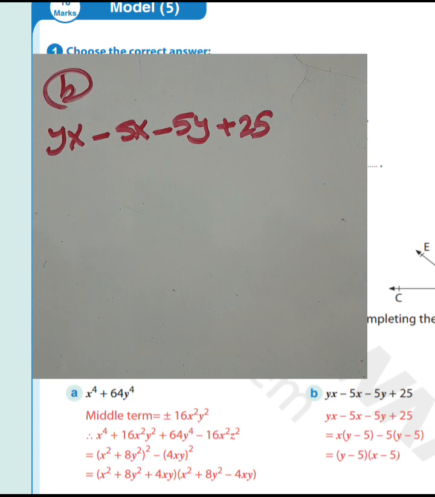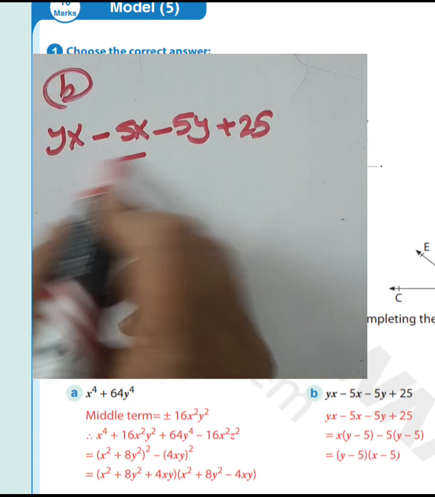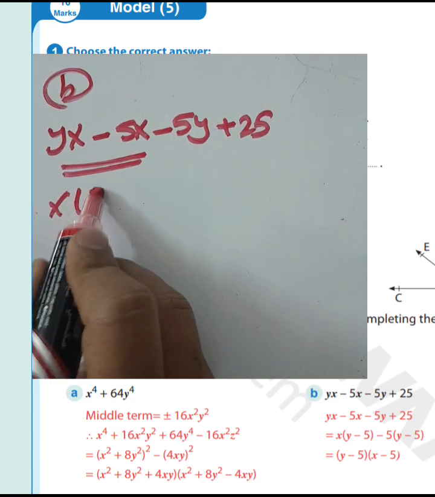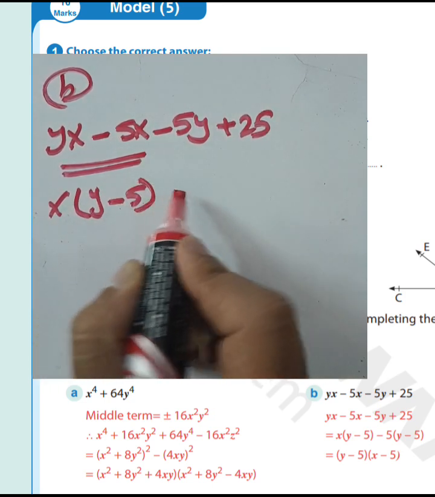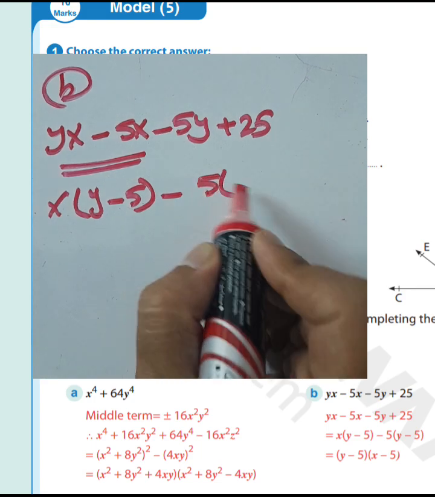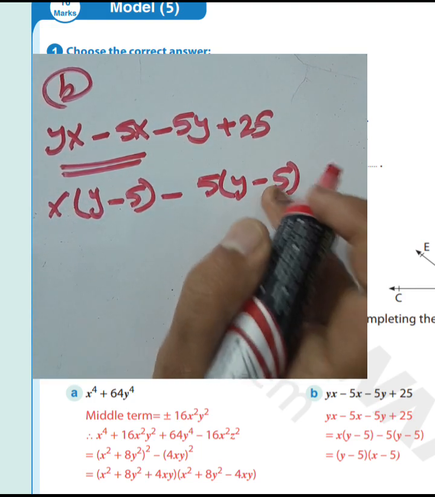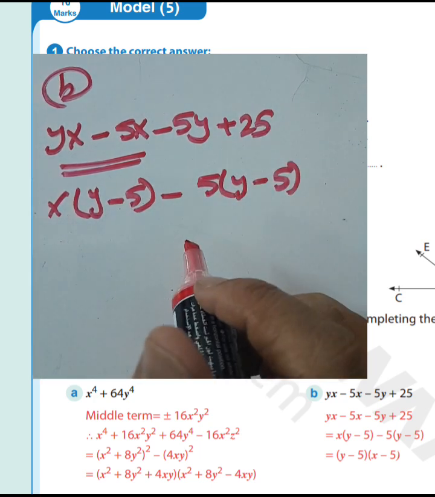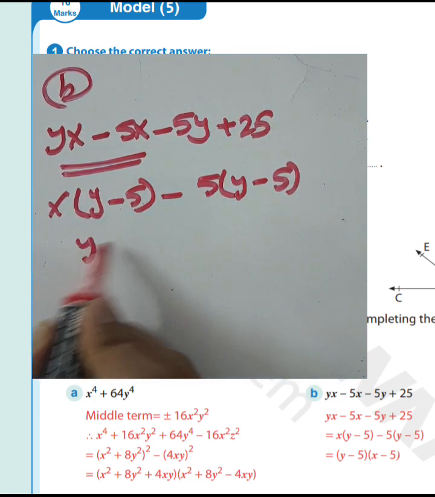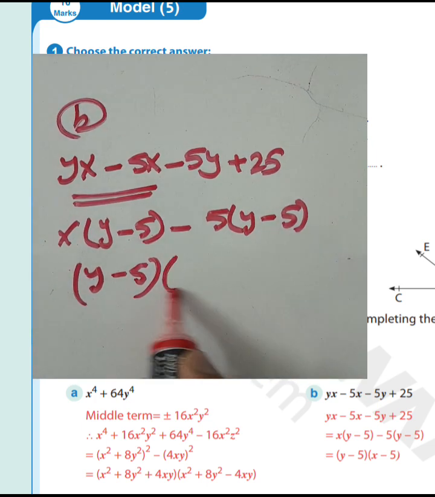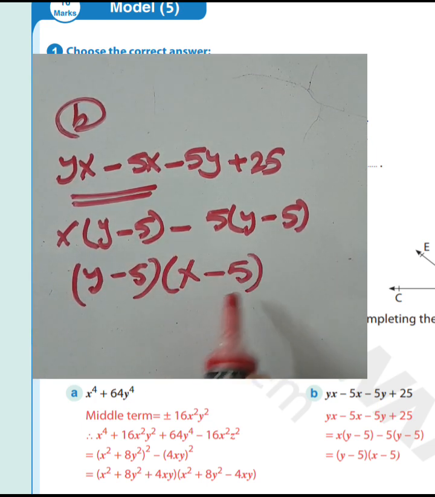We can factorize this expression by taking common factors between two terms. Write x as the common factor, it will be y minus 5, and 5 as the common factor, it will be 5 and y subtract 5, because negative 5 times negative 5 is 25. And then you can write y minus 5 as the common factor between the two terms. The remainder will be x minus 5.